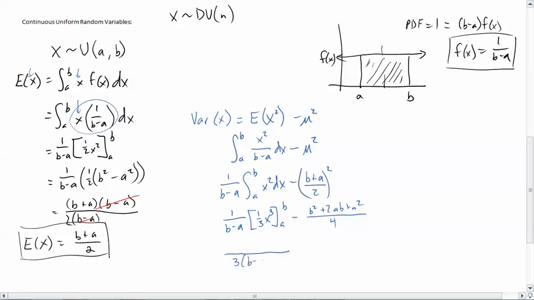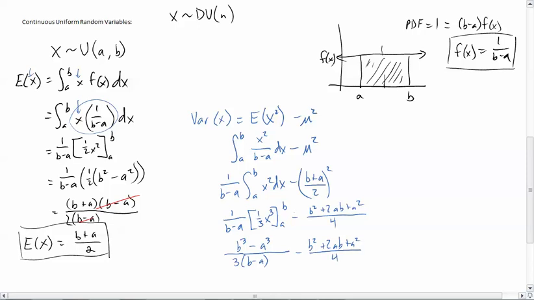I'll have the b minus a on the bottom from that one. And then on top, I'm going to have x to the 3rd, which will be b cubed minus a cubed. I factored out the 1/3 because it's a constant, and that will go down here on the bottom. And I still got the same minus b squared plus 2ab plus a squared over 4.